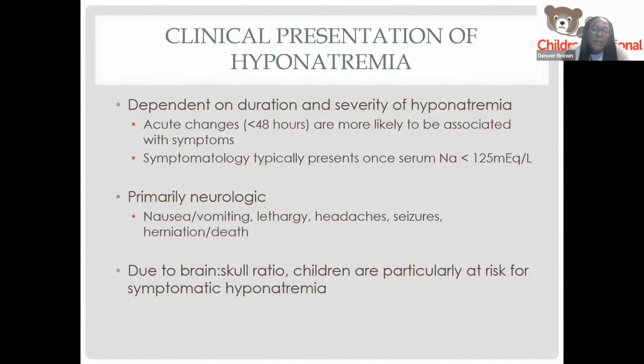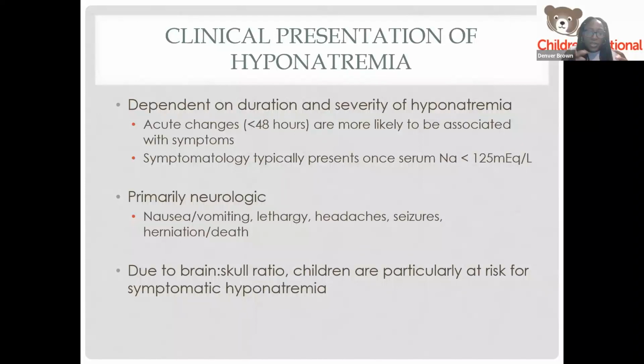And the symptoms are primarily neurologic. So that includes nausea, vomiting, lethargy, headaches. At its most severe, it includes seizures and herniation and death. And the reason for the symptoms primarily being neurologic is that the brain to skull ratio, especially in children, they only have so much room, and we know that water wants to go where the party is.